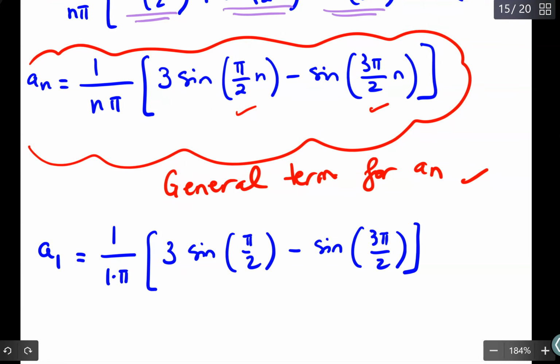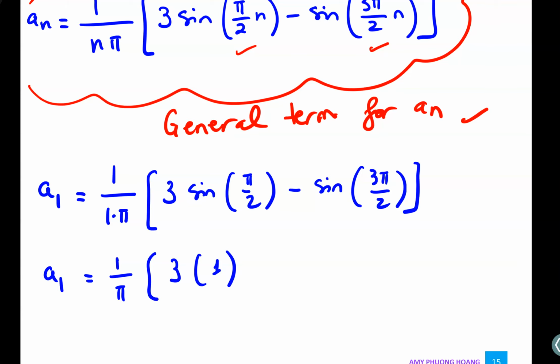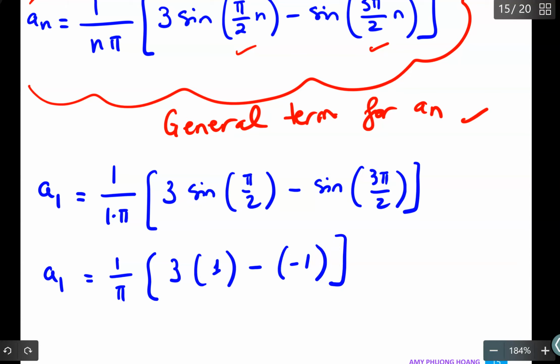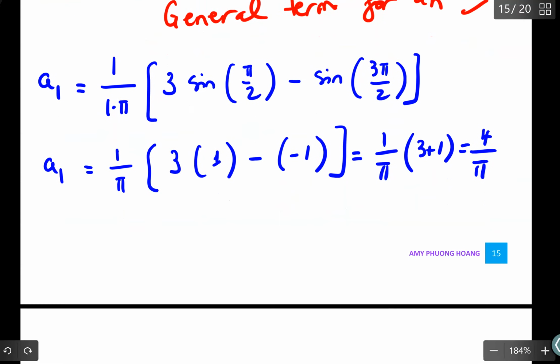We can use a calculator to figure this out. A1 will be equal to 1 over pi. This will be 3 times 1, since sine of pi over 2, which is 90 degrees, is equal to 1, and this should be equal to minus 1. Close the bracket. So I should have 1 over pi times 3 plus 1, which gives 4 over pi. So 4 over pi is my A1.